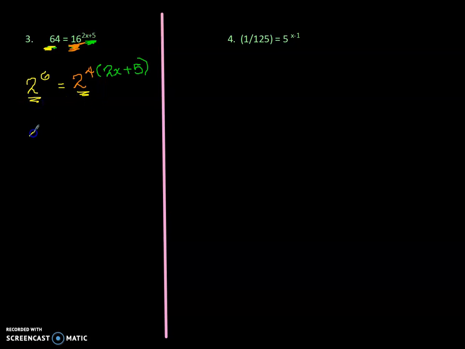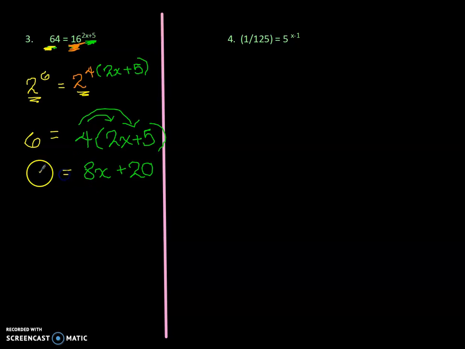and now I have exponential bases that match. So I'm going to bring down the exponents, and then we have 4 times 2x plus 5. So distributing, we have 8x plus 20. Bring down that it equals 6, and our goal is just to isolate x now, so we'll subtract 20 on both sides. Always get rid of adding and subtracting first.